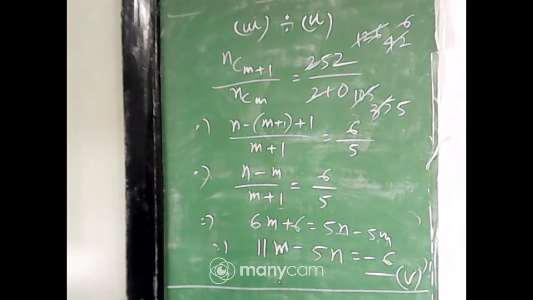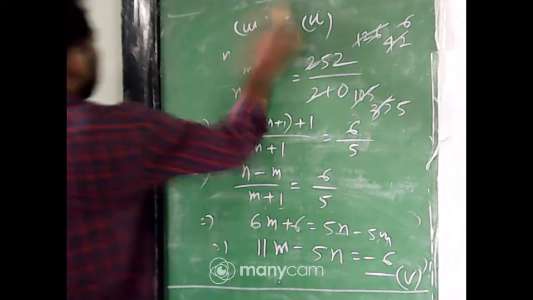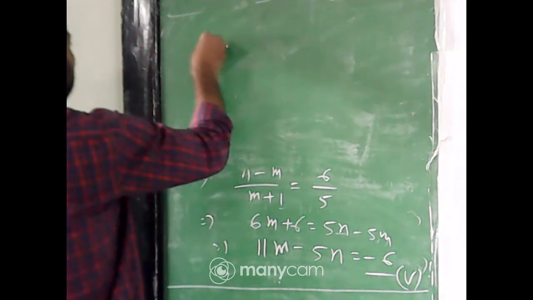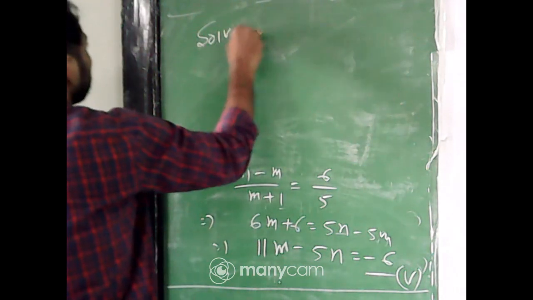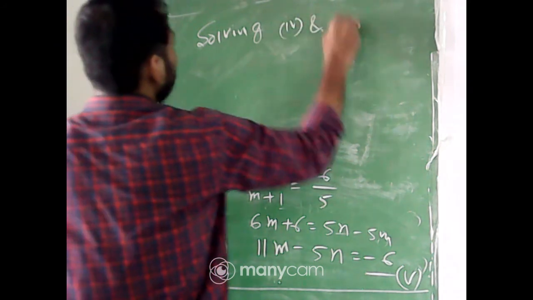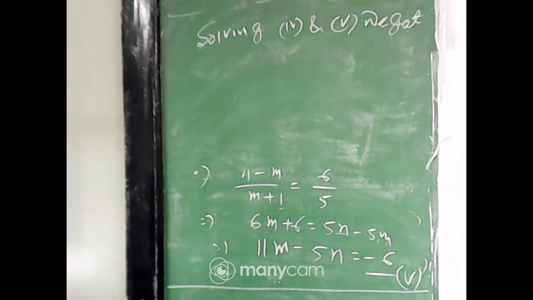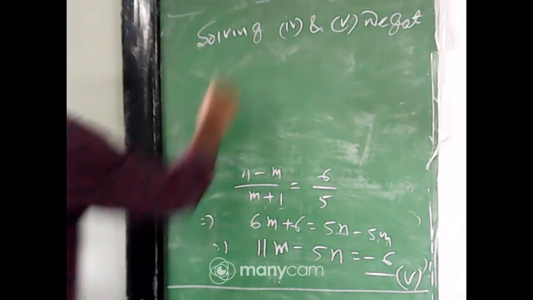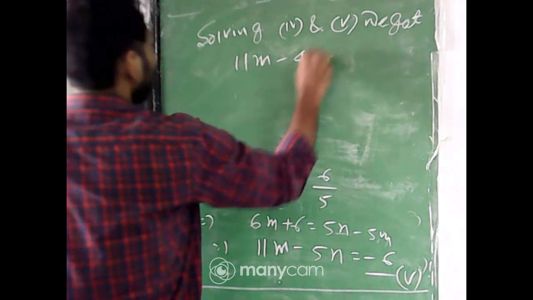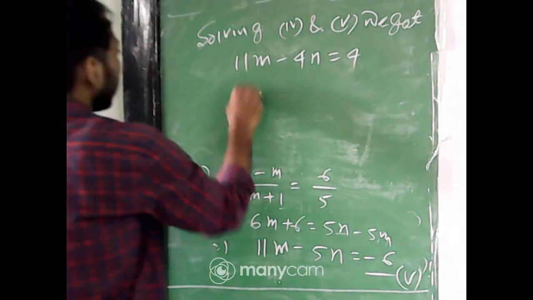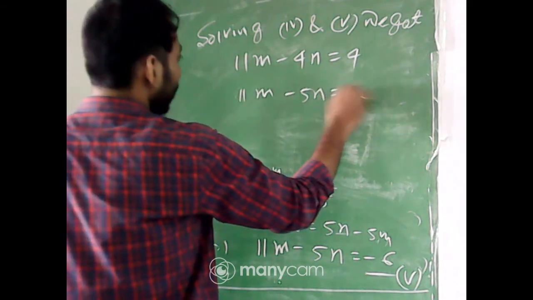Now just solve 4 and 5 to find the value of n. Solving 4 and 5, we got two equations: 11m minus 4n equals to 4, equation 4, and 11m minus 5n equals to minus 6, equation 5.